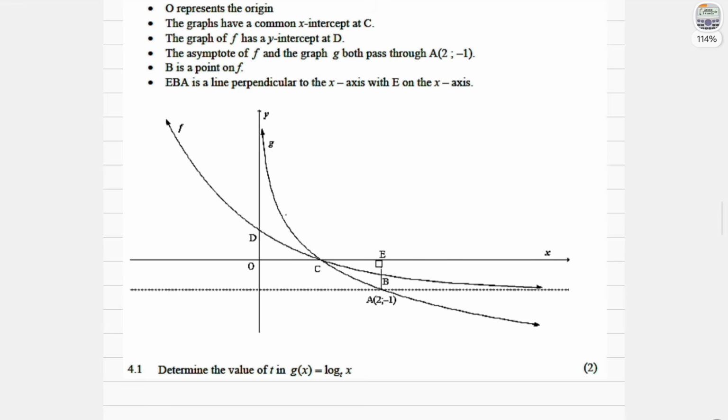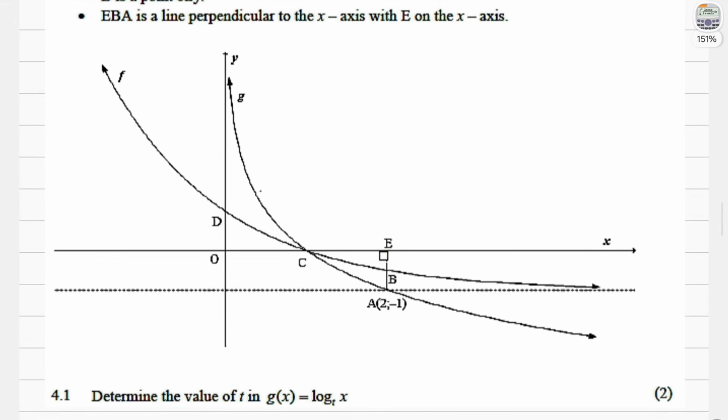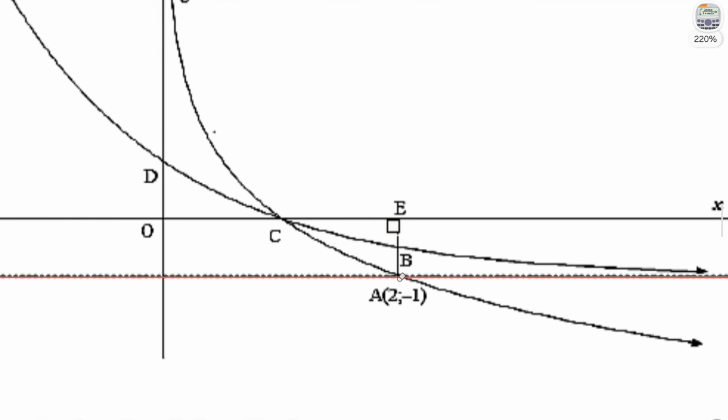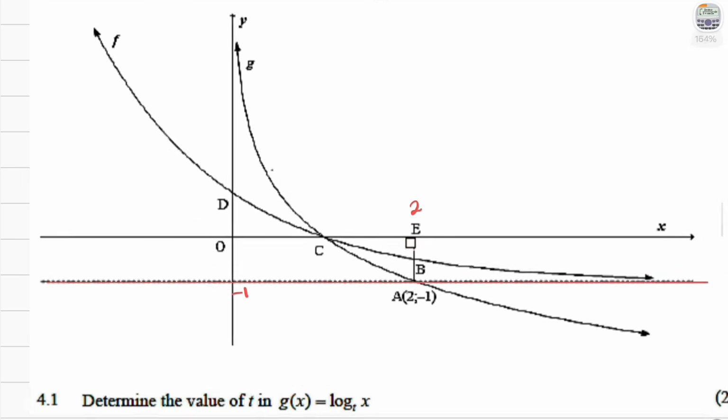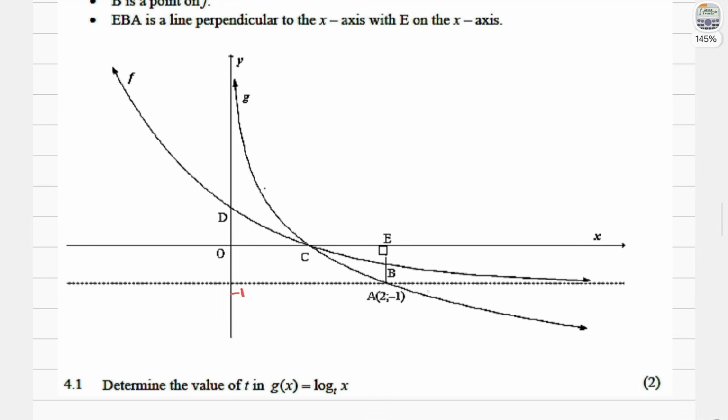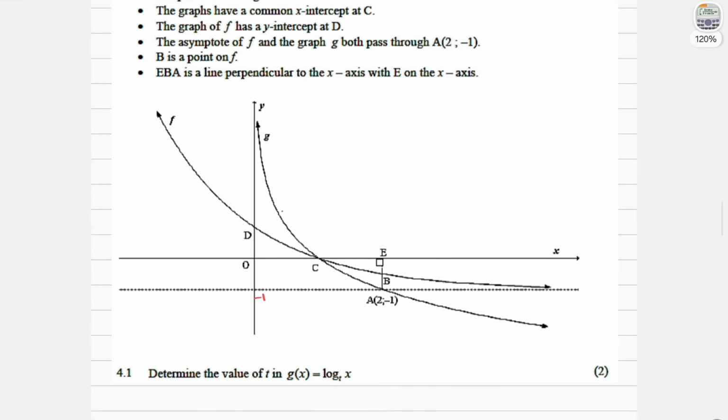So if the asymptote of f, and I'm already going to put this down since they're saying so, if this line passes through this point, 2 and -1, it means its x value is 2 and its y value is -1, meaning we know what the equation of this horizontal asymptote is. I'll just keep that there.